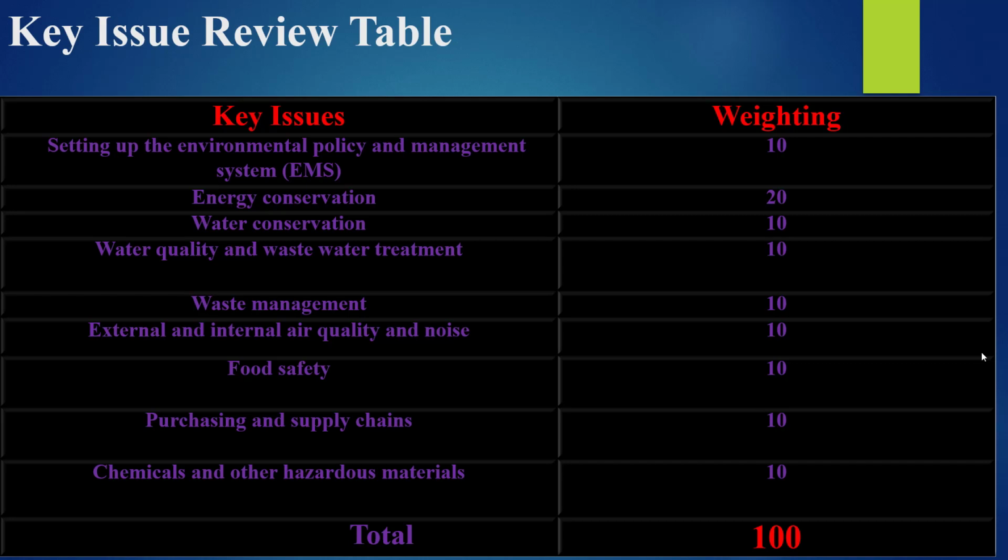Once the review is complete, you will be able to rate the hotel on its environmental performance as a percentage of 100. The table will allow larger hotel groups to compare performance across different hotels. Smaller organizations will also find the rating system useful to assess their progress.